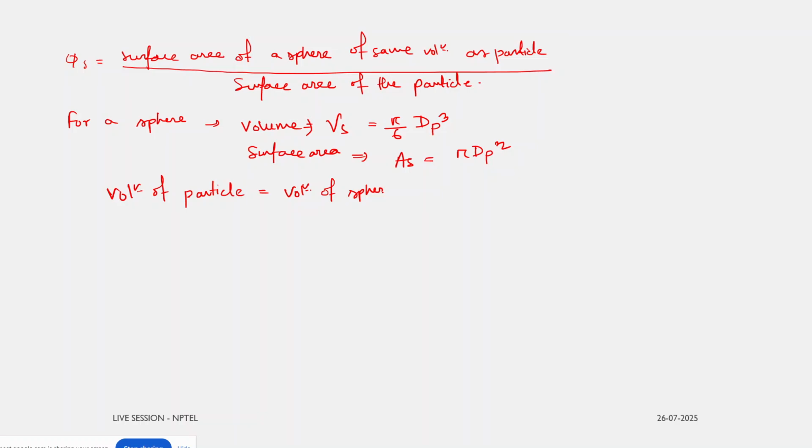So what is the volume of the particle? Suppose Vp. And you know the volume of the sphere is pi by 6 dp cube. So from here one derivation we can get, that is dp, which is also known as the equivalent diameter.